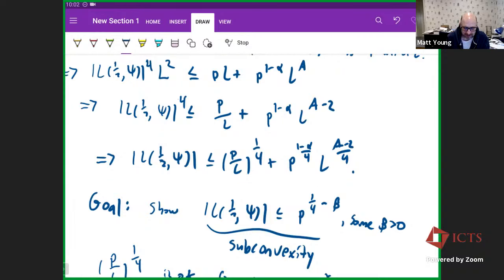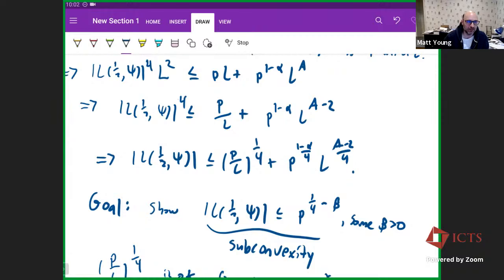To get the convexity bound back, L would have to be at least the square root of P, just on the diagonal term alone. So L would have to be quite big, and then in the off-diagonal term I need to be a lot more careful about the powers of L that occur there. It was kind of distracting from the main point.